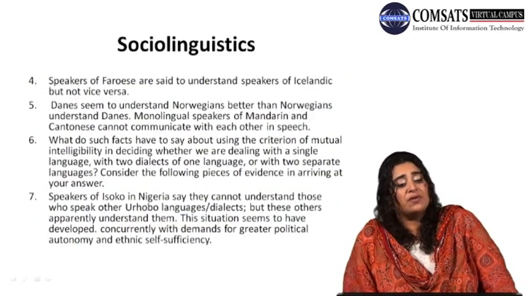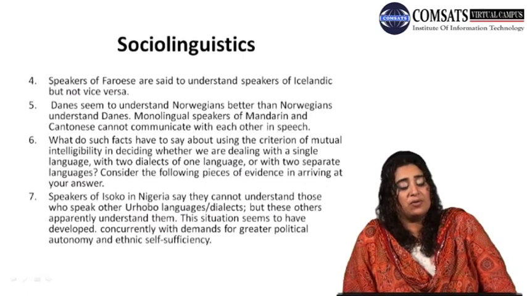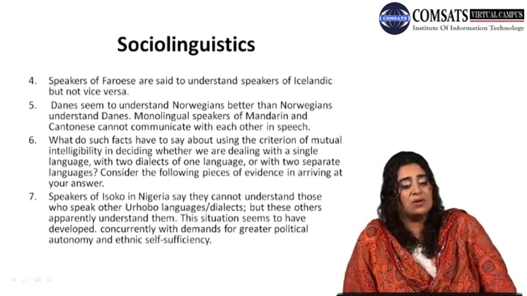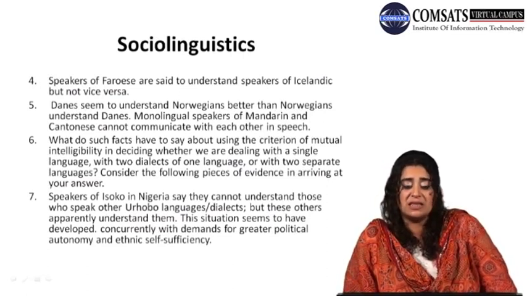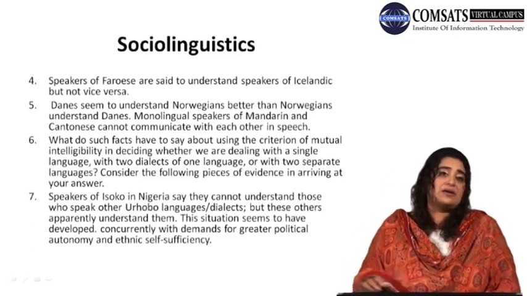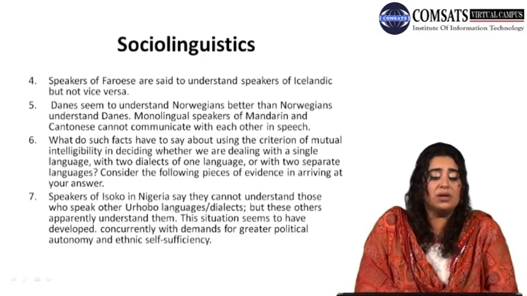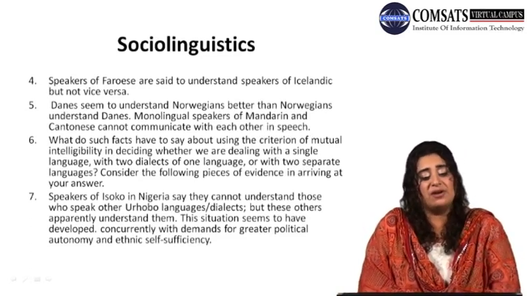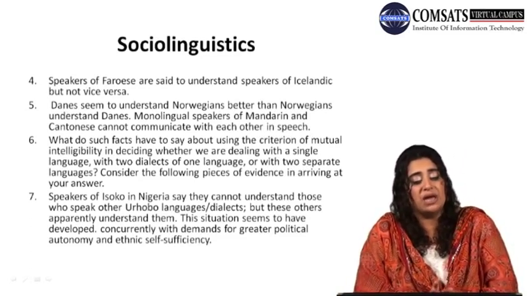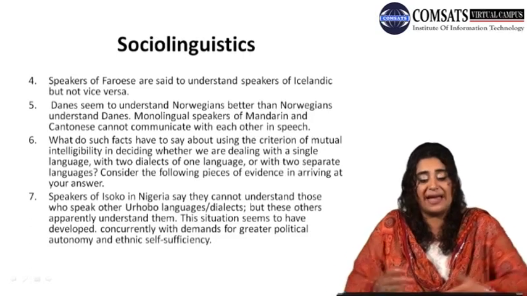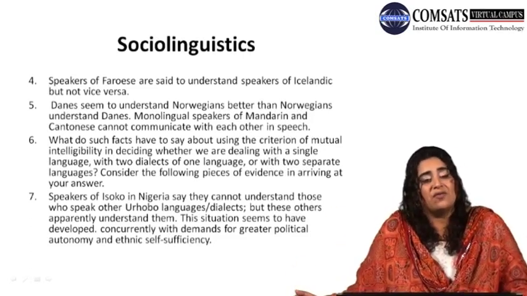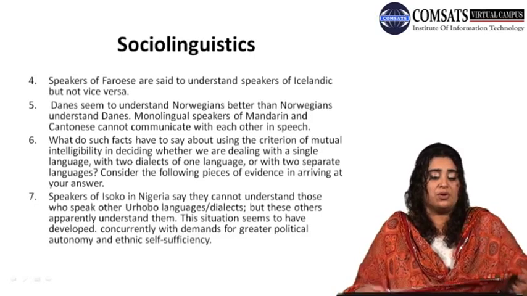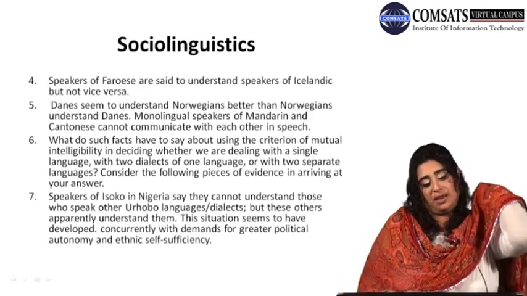Speakers of Faroese are said to understand speakers of Icelandic, but not vice versa. Danes seem to understand Norwegians better than Norwegians understand Danes. Monolingual speakers of Mandarin and Cantonese cannot communicate with each other in speech, because Cantonese is a completely different form of Chinese language, and Mandarin would be a different language.